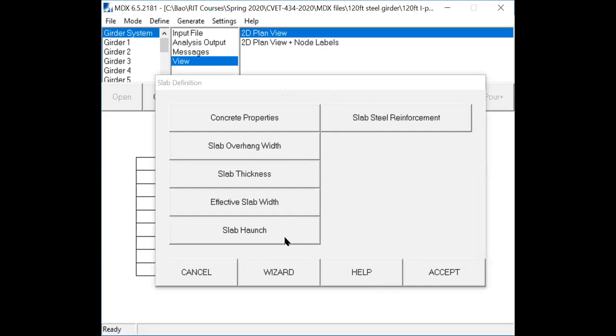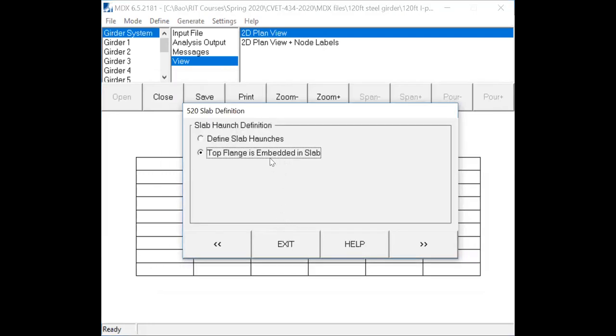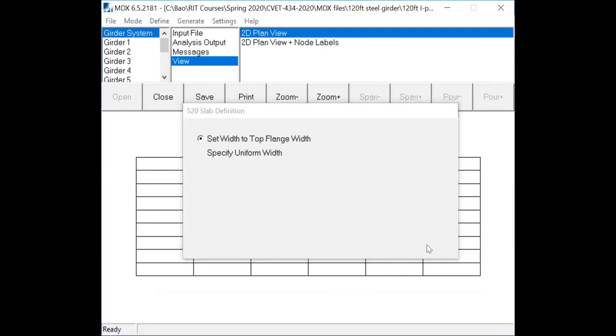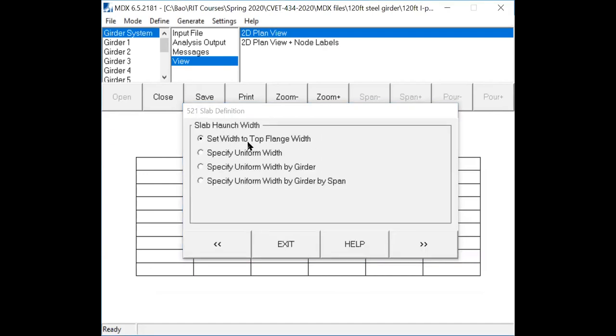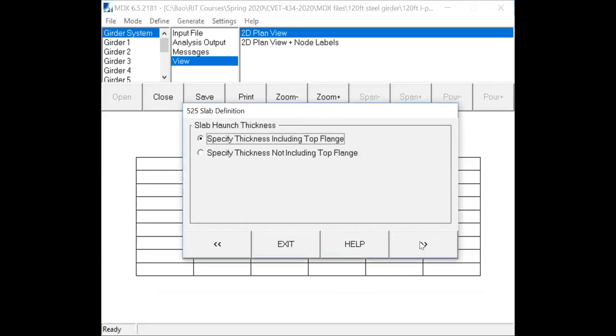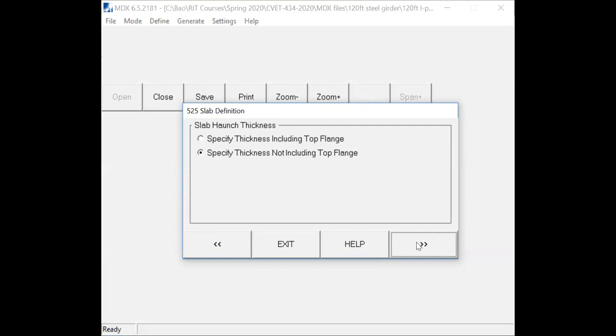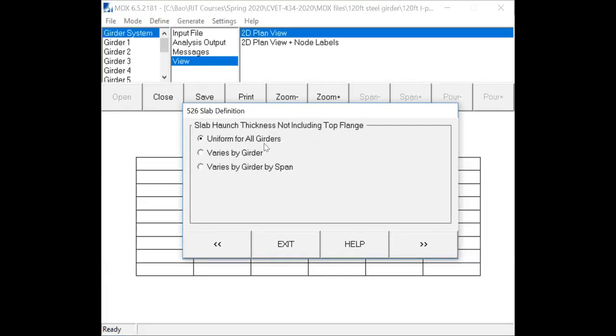And slab haunch. We have this defined slab haunch, and set width to top flange width, and specify the thickness not including top flange, uniform for all girders.